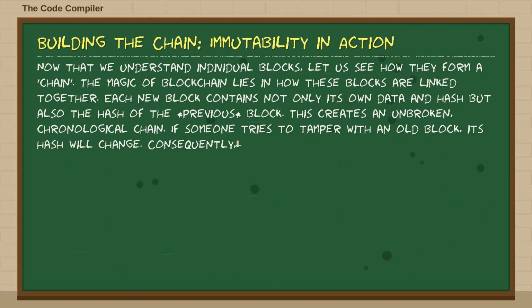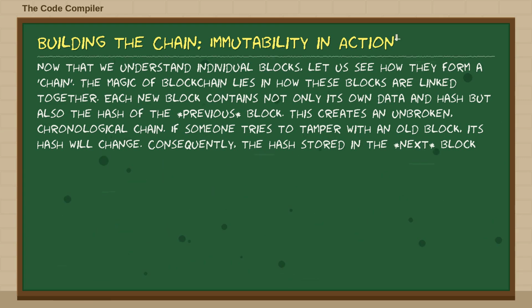If someone tries to tamper with an old block, its hash will change. Consequently, the hash stored in the next block will no longer match, breaking the chain and immediately revealing the tampering. This property is what we call immutability. Once a block is added, it cannot be changed.